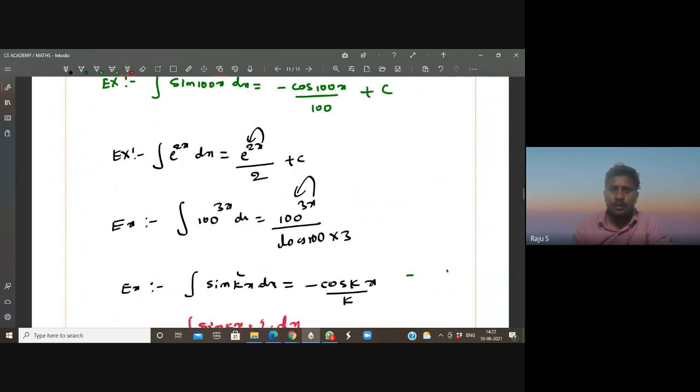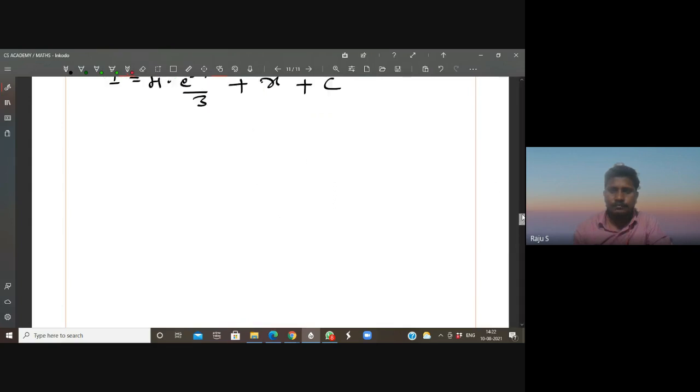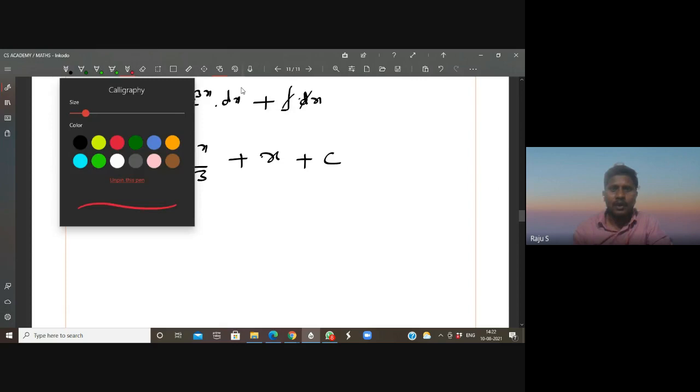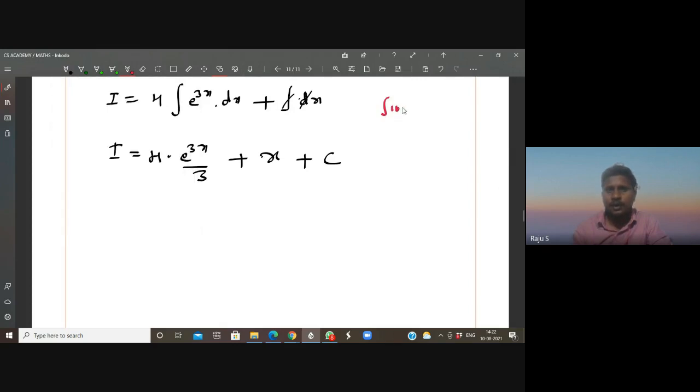For example, I want to find the integral of 100 x dx. Here 100 is a constant, so you should take it outside: 100 into integral x dx. Now integral x is x square by 2 plus c. That's all.